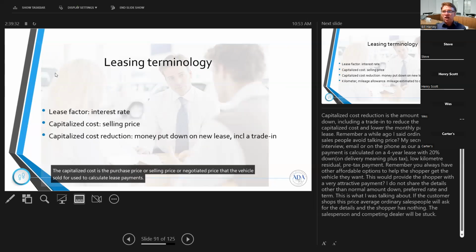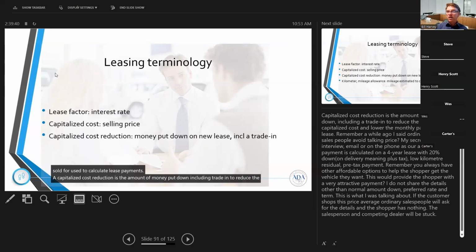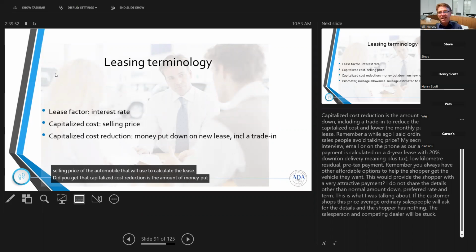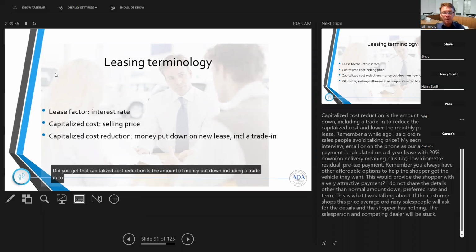Now, a capitalized cost reduction is the amount of money put down, including trade-in, to reduce the selling price of the automobile that we'll use to calculate the lease. Did you get that? Capitalized cost reduction is the amount of money put down, including a trade-in, to reduce the selling price, the capitalized cost, in other words, to lower the monthly payments on the lease.